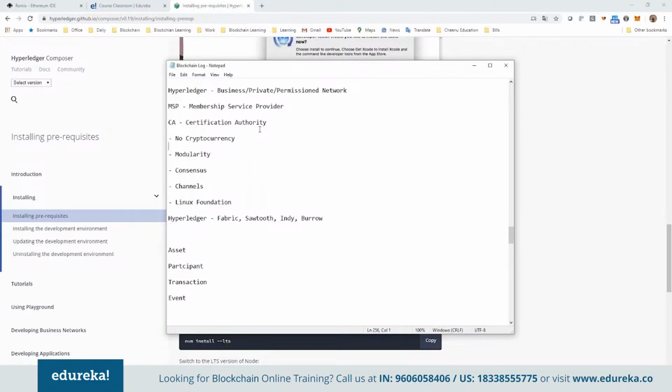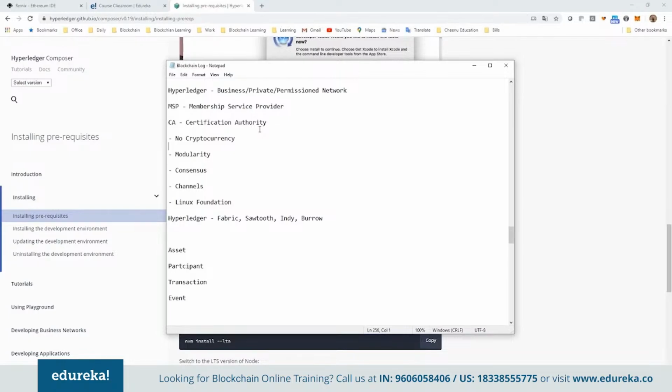So for example, there is a default certification authority that comes with Hyperledger Fabric. If you want to use your own certification authority, it's just a plug and play kind of system. In a configuration file, you can mention that you want to use this certification authority rather than the default one.